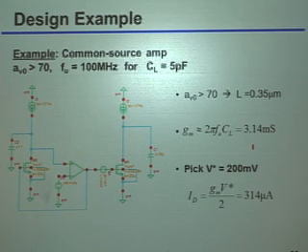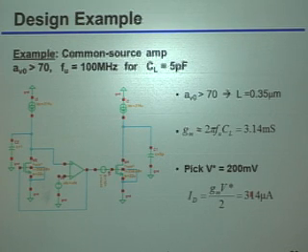Now, it's going to be somewhat arbitrary, but let me just pick a V* of 200 millivolts, because I know that for roughly this frequency range, that's a good choice to use. Then I immediately also know what the bias current is. Okay? Because if I needed 3.14 millisiemens with a V* of 200 millivolts, that immediately tells me I need 314 microamps of bias current.